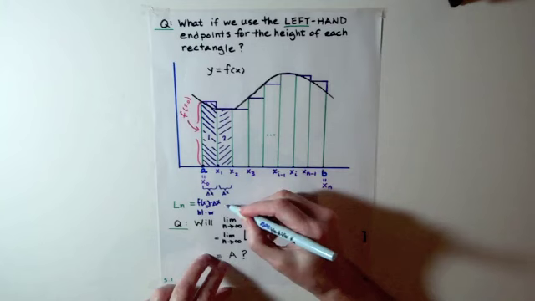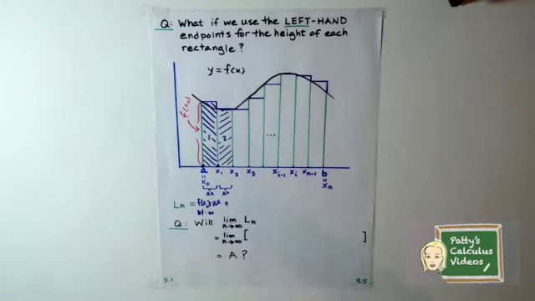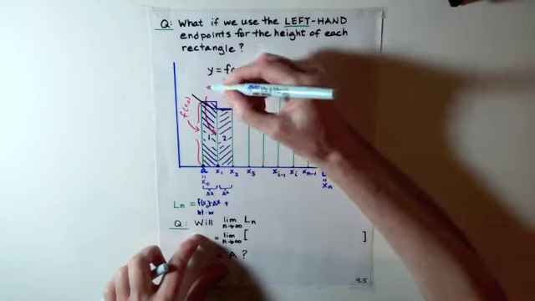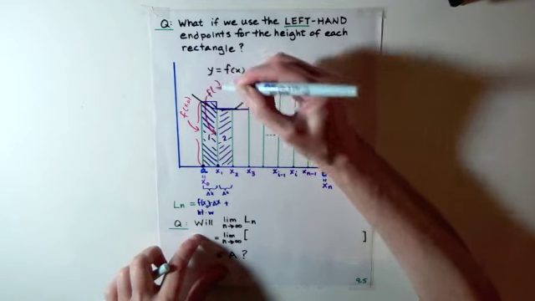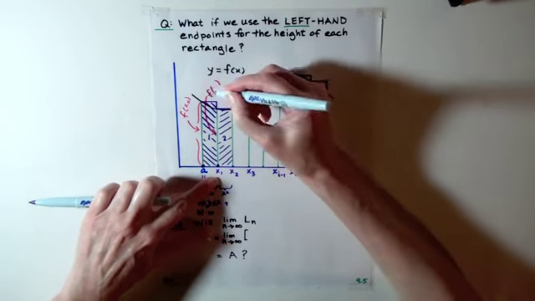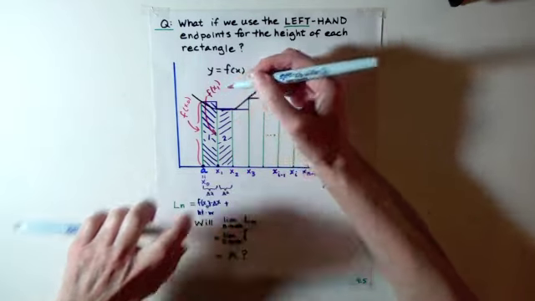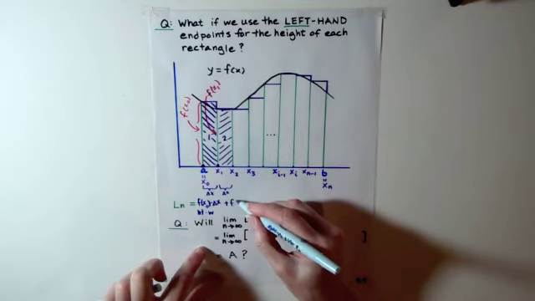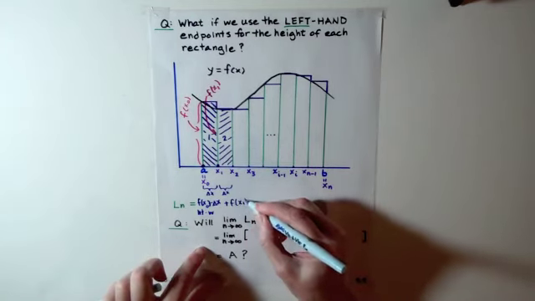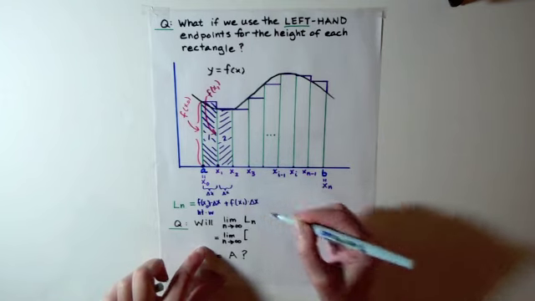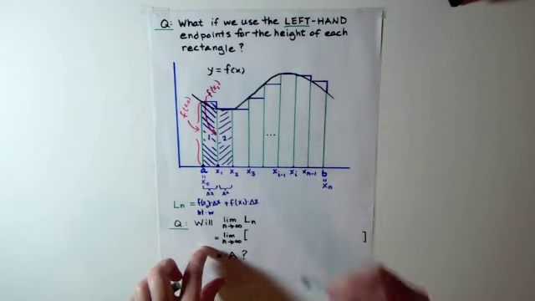I want to figure out how high that is, and it would be f evaluated at the left-hand endpoint. The left-hand endpoint is x sub 1, so that is the height of my second rectangle. So I would do f of x sub 1 times its width, which is still delta x. And we just continue this process.